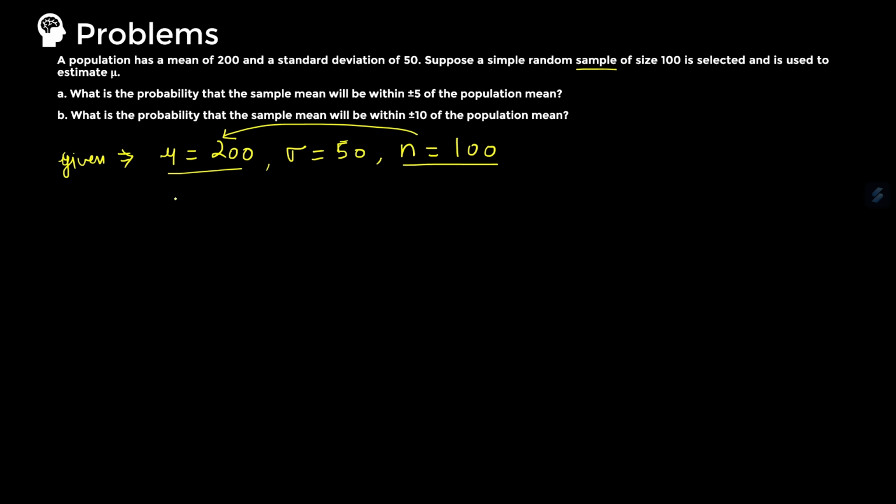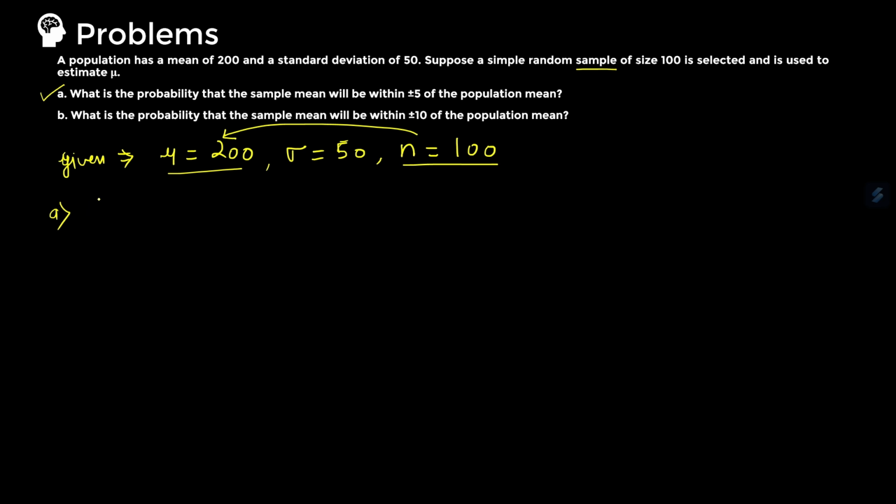Now A, it is asking what is the probability that the sample mean will be within plus or minus 5 of the population mean.